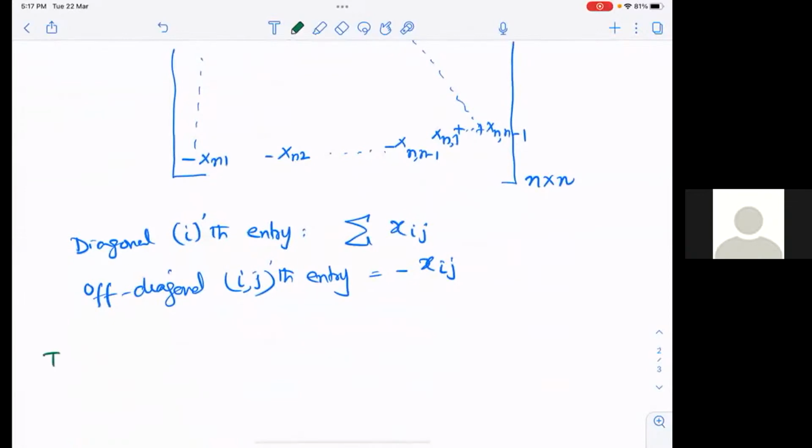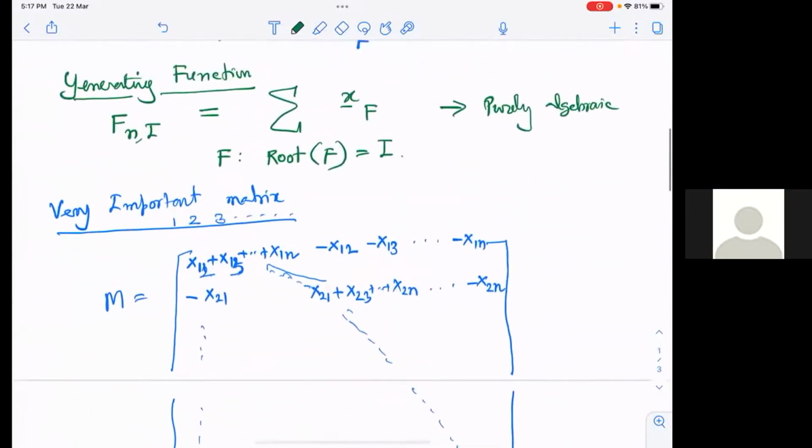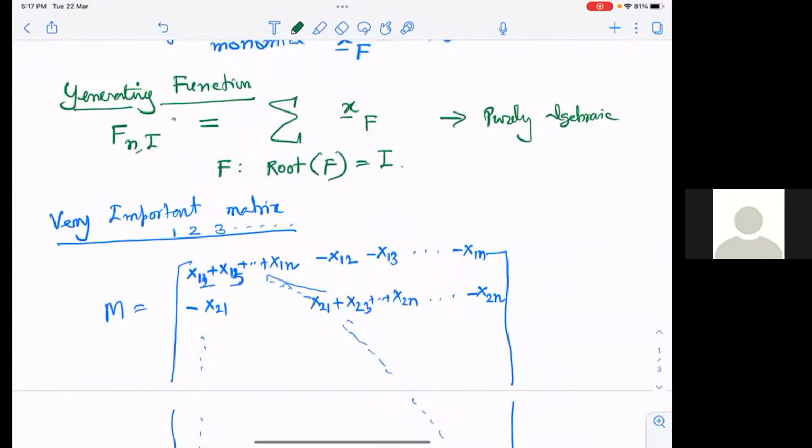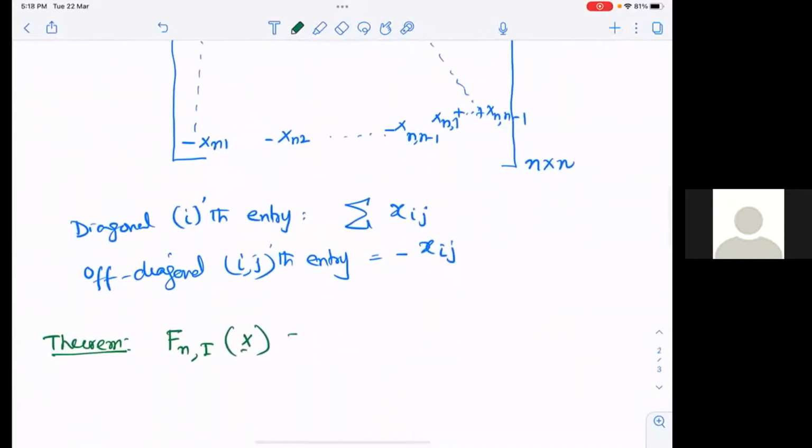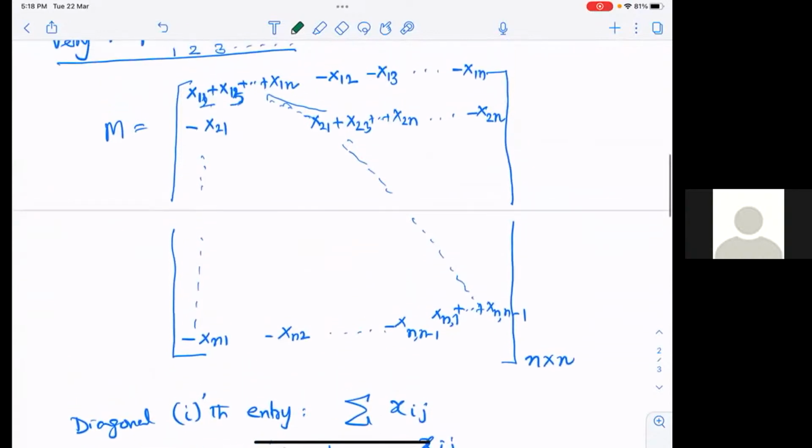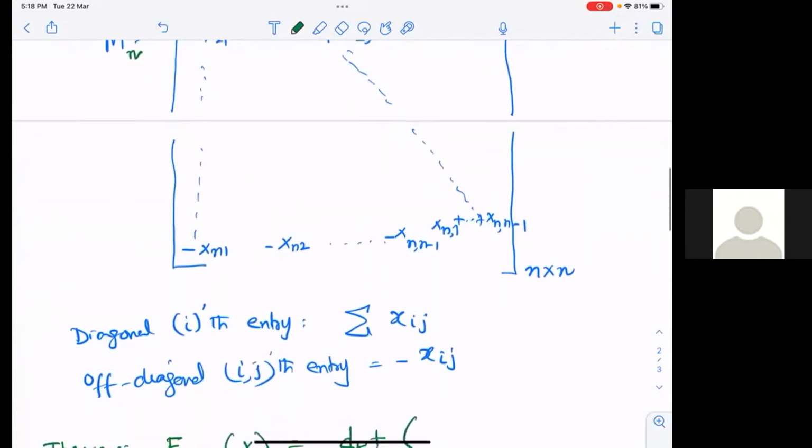The theorem that Kirchhoff proved is that this generating function f_n,i(x), which I should write as a function of the x variables, is equal to the determinant of this matrix, following Kirchhoff's notation. I'll write it M_n.